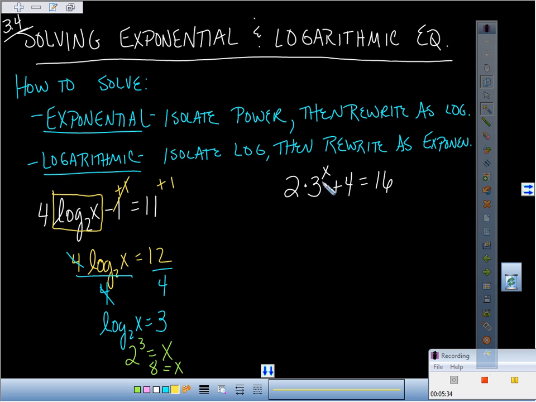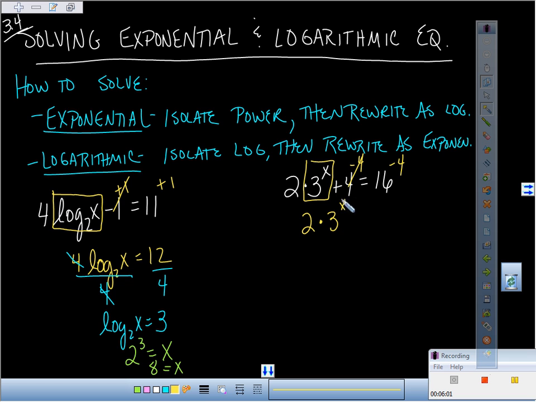Yeah, it has an x in the exponent. So you get that power all by itself. Tell me what to do first. Minus 4. So, hey, can I multiply this 2 and this 3? Why not? It has an exponent. Very good.